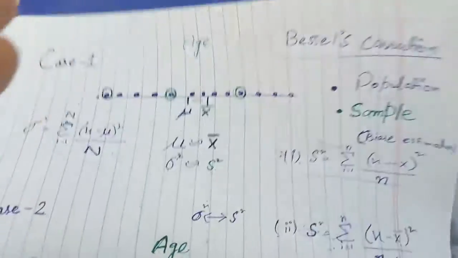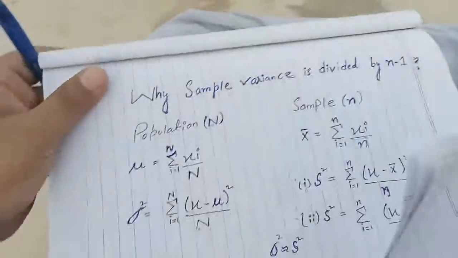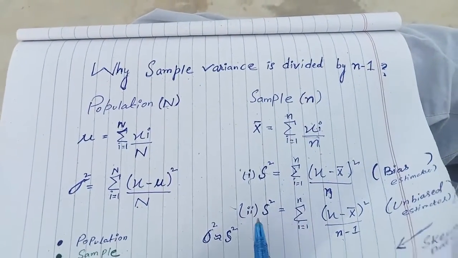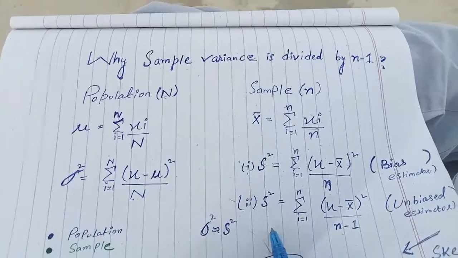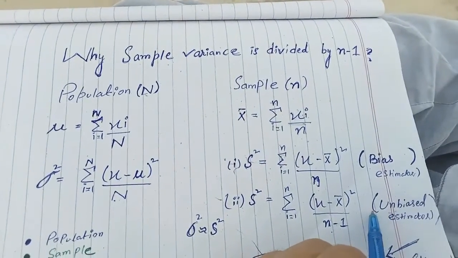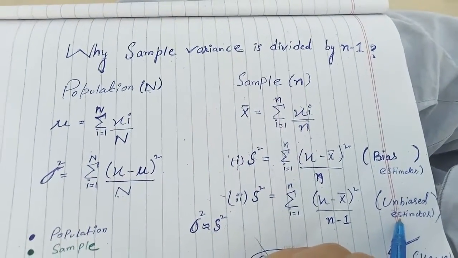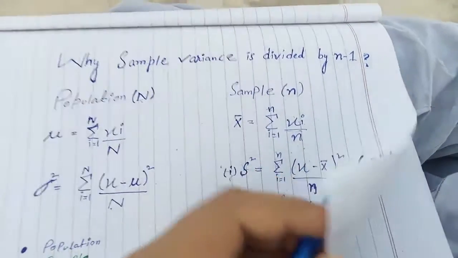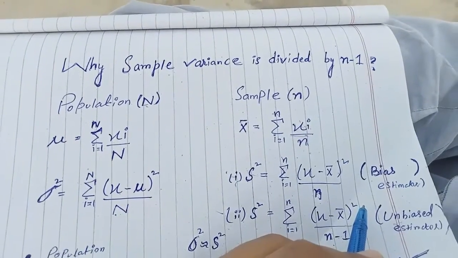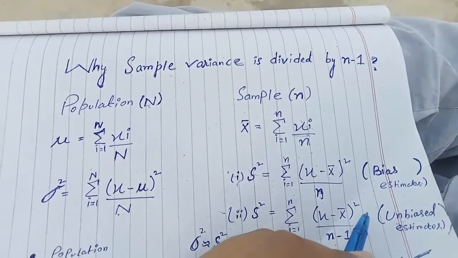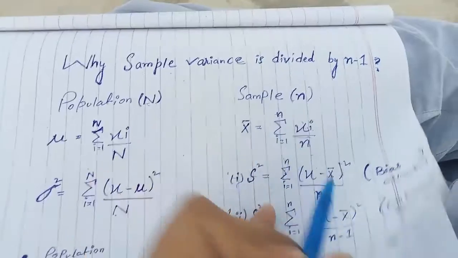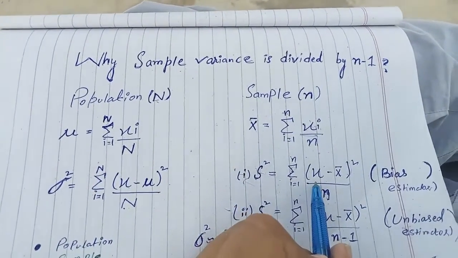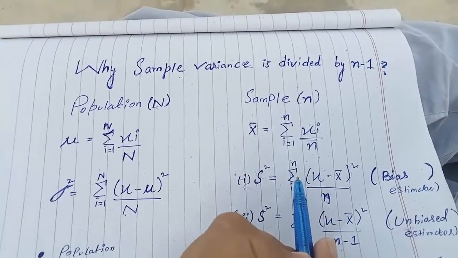So that is the reason why we use this formula to calculate the sample variance, and why it is known as an unbiased estimator. Because when we were using the other formula, it was underestimating the true variance, right? Because the population variance was huge, and that formula was giving a very small value.